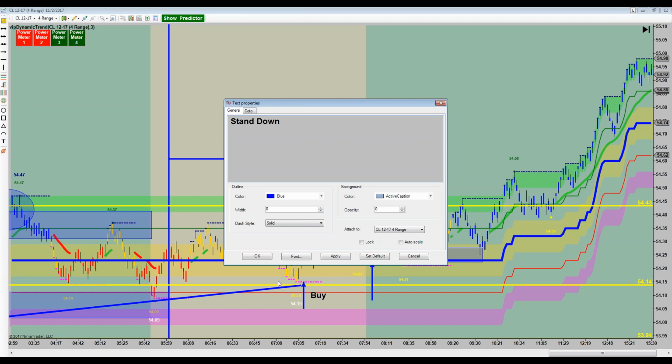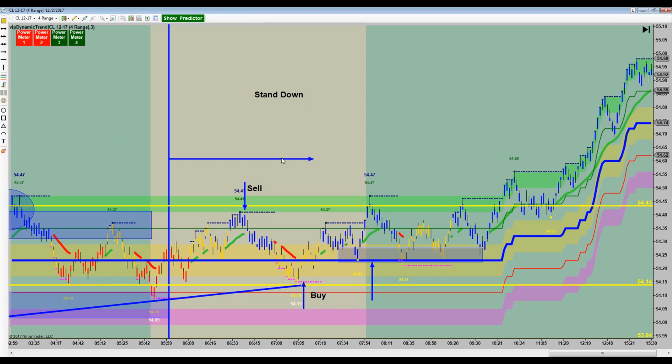How many times are we in the live room and there'll be a quiet period where Gary doesn't say too much, maybe I'm not saying too much, and it's kind of quiet in the room? Well, why might that be? Well, we might be standing down. We might just be watching the market and trying to figure out what it's doing to decide what we do next. And there's absolutely nothing wrong with that.